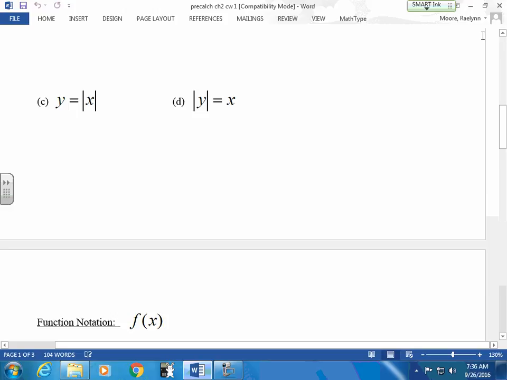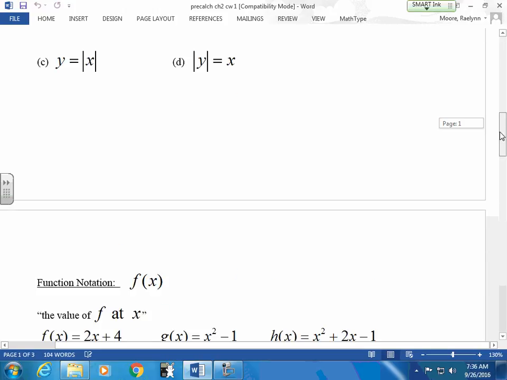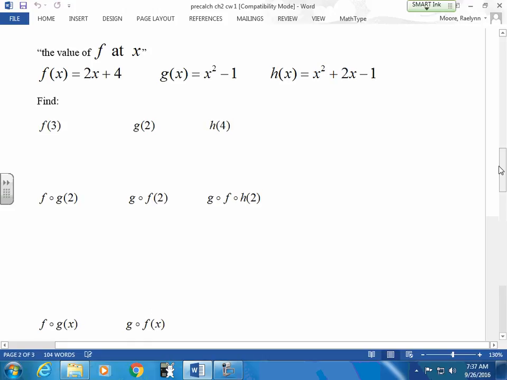Now, function notation. Have you guys done a lot with function notation? Everybody good with function notation? Okay, so if I see f when x is 3, we say f at 3. If you say f of 3, that's fine.